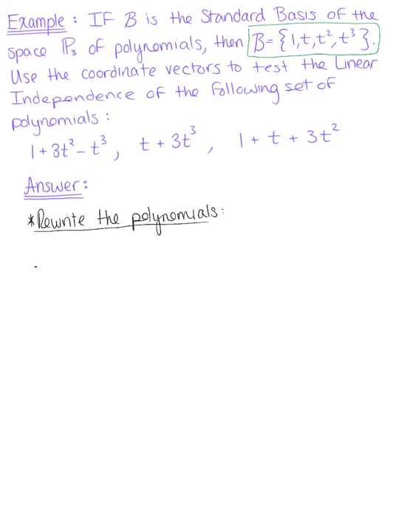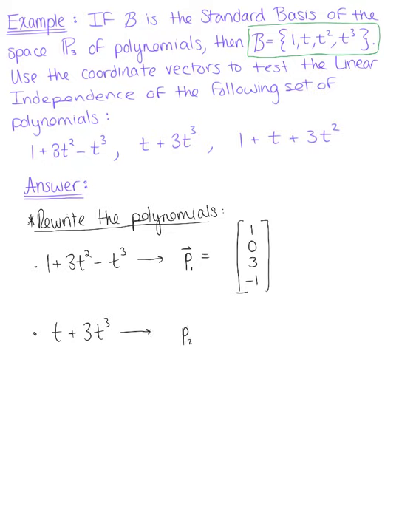So we want to rewrite the given polynomials. The first polynomial is 1 plus 3t squared minus t cubed. And so we can say that this first polynomial, p sub 1, is defined by the column vector 1, 0, 3, negative 1. The second polynomial in the set is t plus 3t cubed.